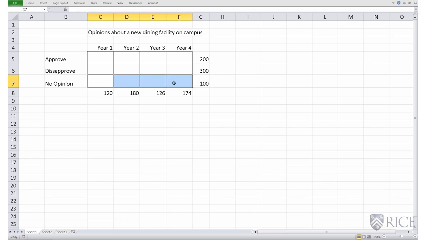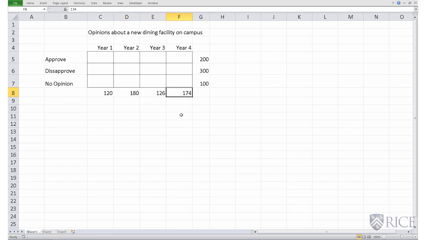Or in other words, how many of the 100 people who had no opinion belong to year 1, how many belong to year 2, how many year 3, and how many year 4. On the other hand, we have the total number of year 1 students who participated in the survey, the total number of year 2 students, 180 students, total number of year 3, and total number of year 4 students.